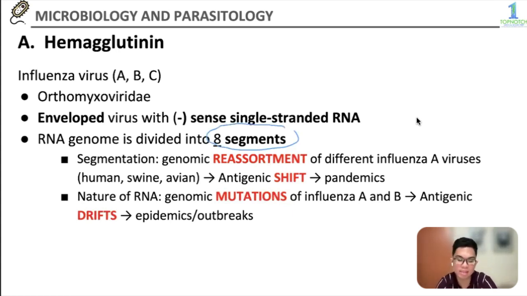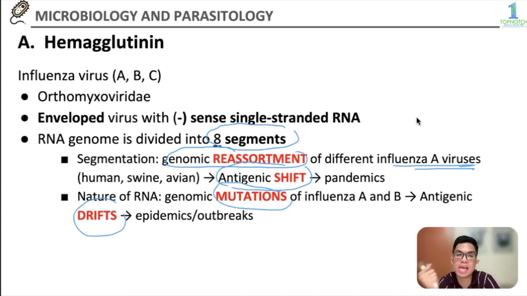So pag sinabing segmented, there's an opportunity for genomic reassortment of influenza A viruses pag nasa same host sila. So it may be human, swine, or avian. Parang mixing host nila. So reassortment results in antigenic shifts. Whereas mutations results in antigenic drifts. So again, di ba? Sudden shift is deadlier than your gradual drifts. Okay?